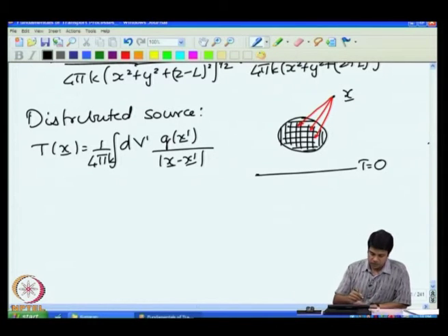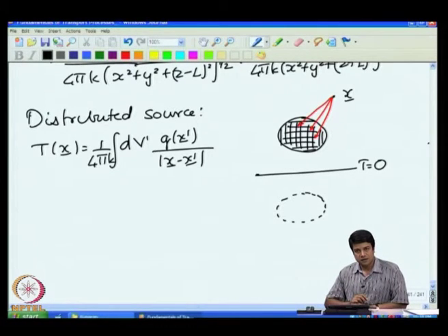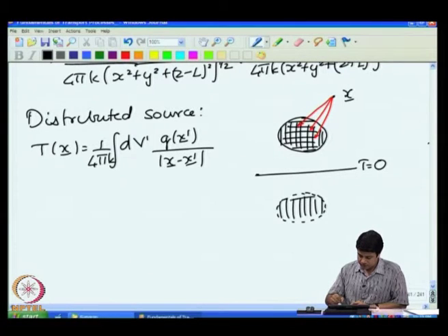If I have a distributed source, I do exactly the same thing. If temperature is equal to 0, rather than trying to enforce the temperature boundary condition on the wall itself, I just consider an image source as well. So, in this case there is going to be a contribution both due to the source itself as well as due to the image.